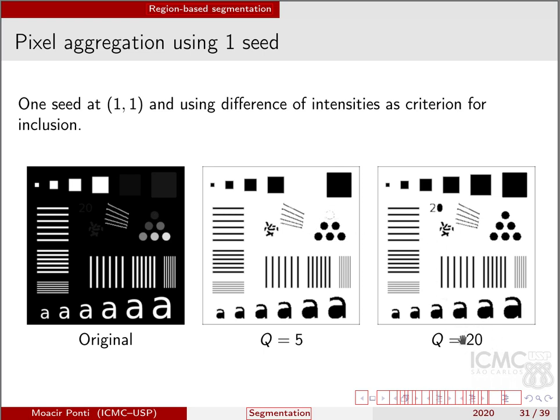By making the criterion more rigid, such as 20, we don't allow those to be part of the background region, and then we could detect the background correctly.